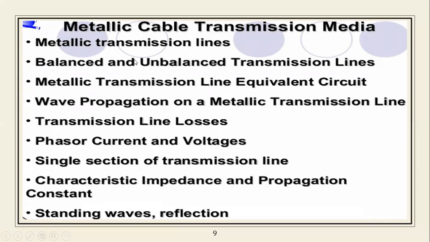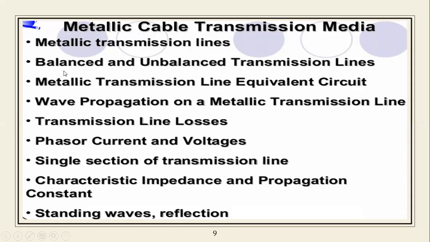If you talk about the transmission line medium, one of the cables used is the metallic cable. In that case, what we need to consider is which type of transmission line you are using, whether metallic, coaxial, or some other type of wire.